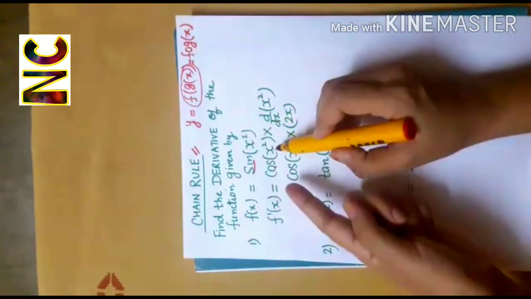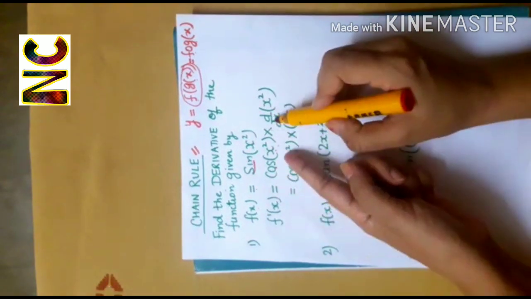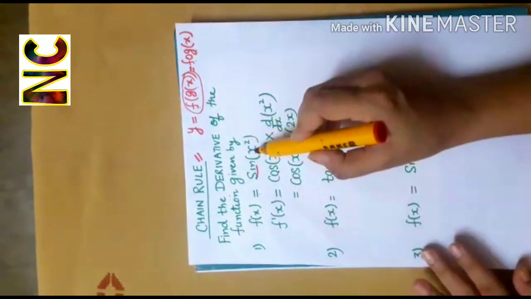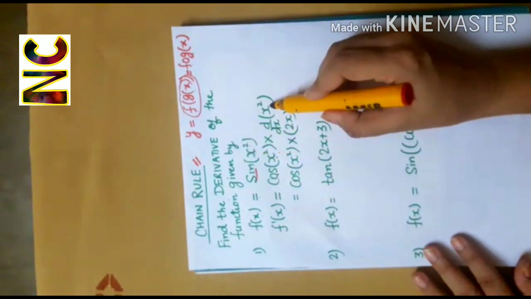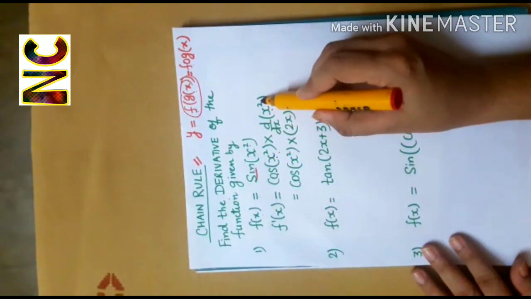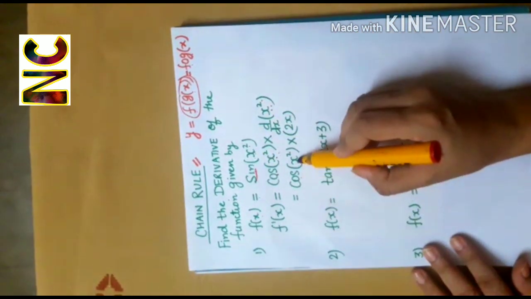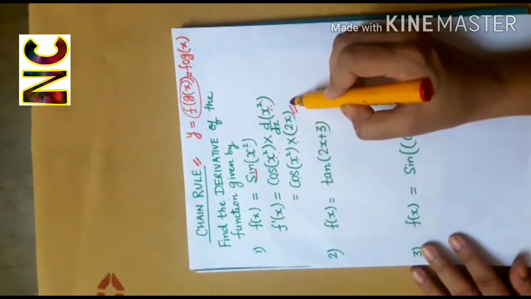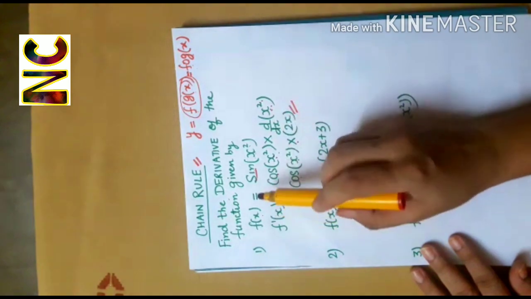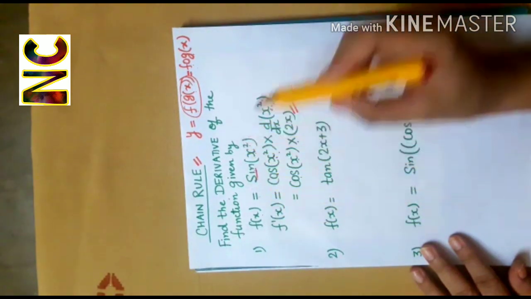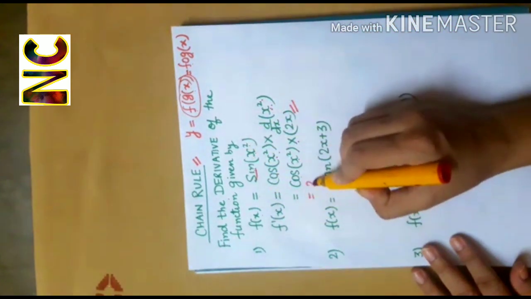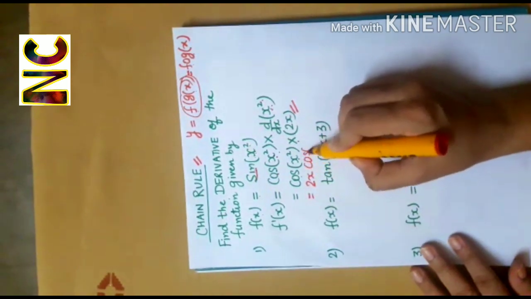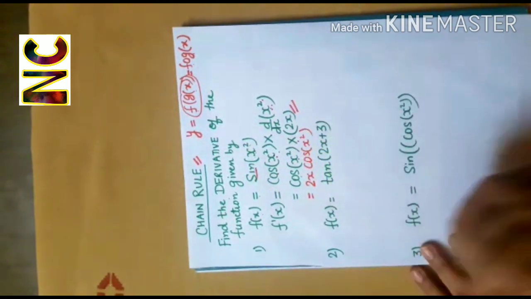That is, I have to multiply this with the derivative of inner function, that is x square. So d by dx of x square. So I'll get cos x square into derivative of x square is 2x. So derivative of sine x square is equal to 2x into cos x square.